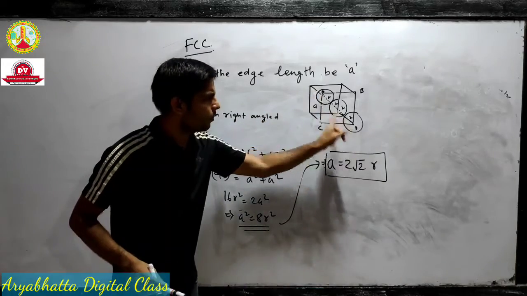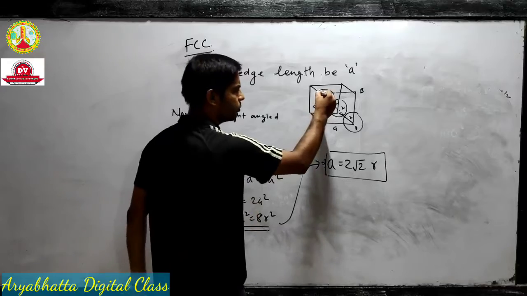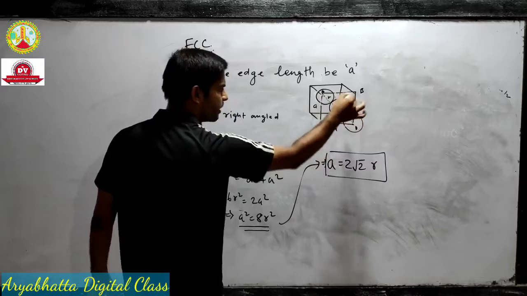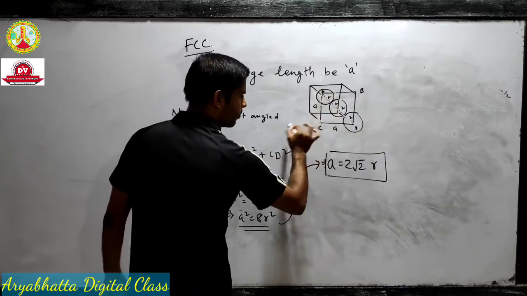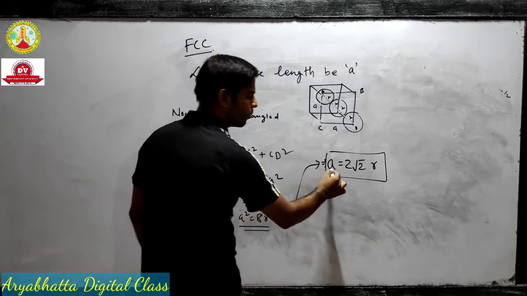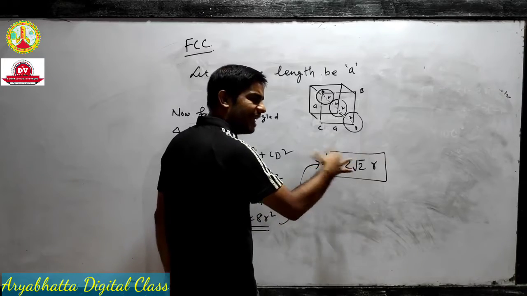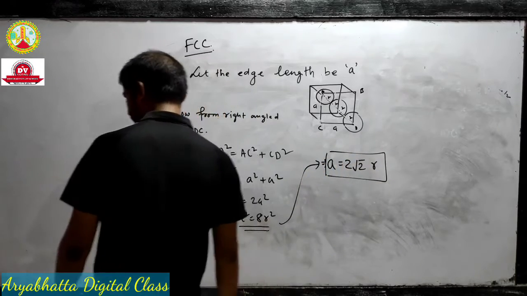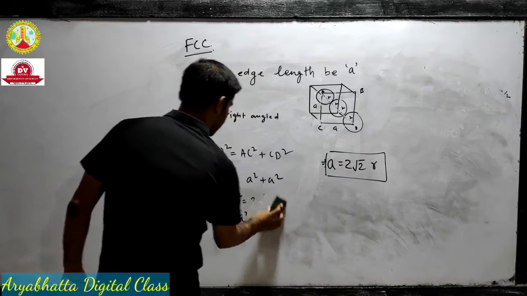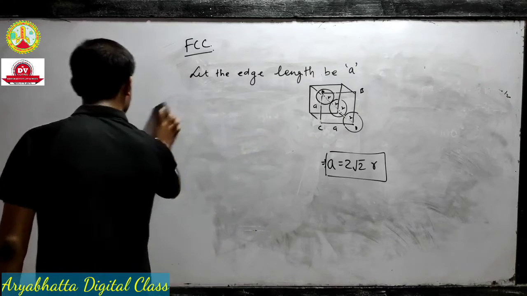We have 4R, and using this right angle triangle, where hypotenuse square is perpendicular square plus base square, we found the relation that was needed to replace A or R. Now just keep this relation in mind and let's come back to our original formula.